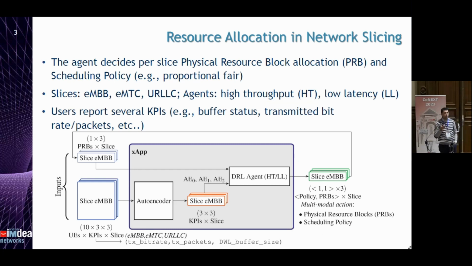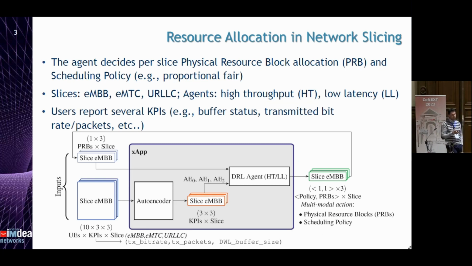So this agent basically assigns resources, basically preferred resource allocation, simultaneously on the 3 slices. And to do this, it analyzes and reads the environment, which basically are user KPIs and the past physical resource block allocation.